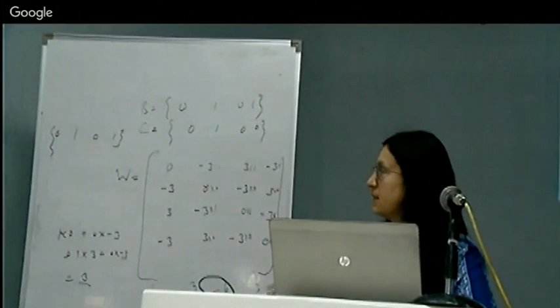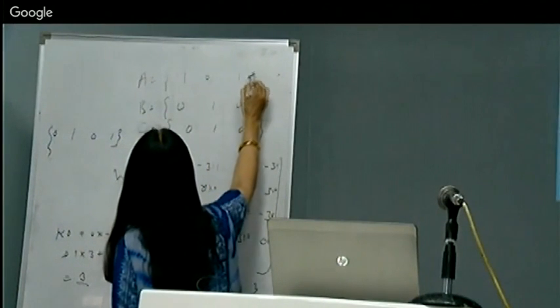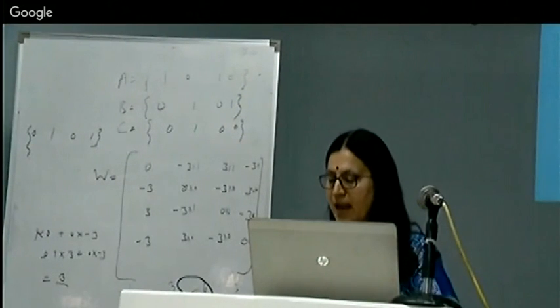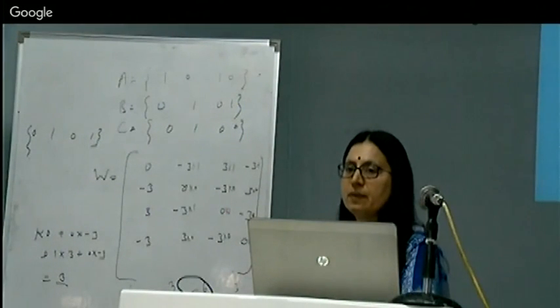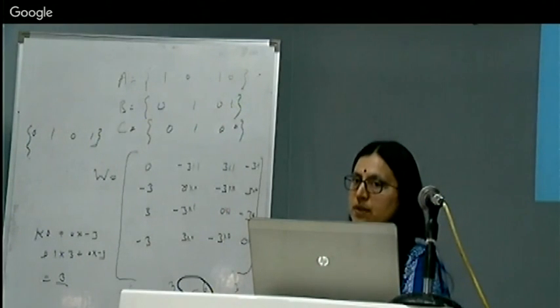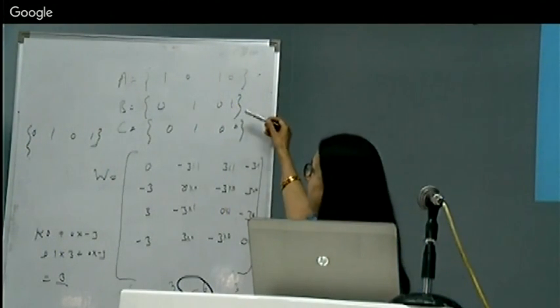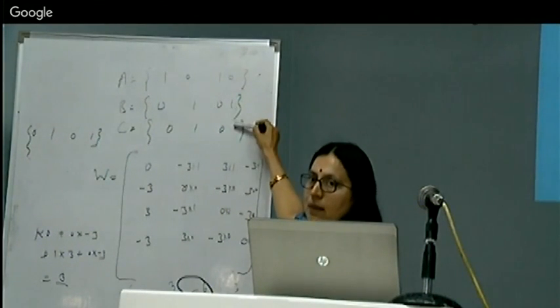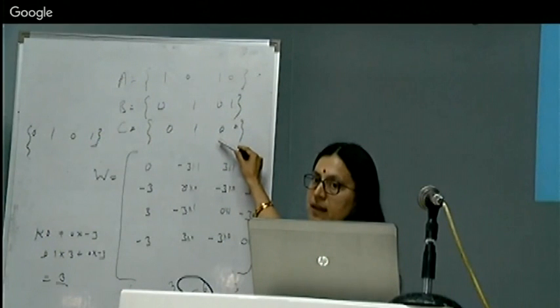So there is a reason for that also, because pattern A was 1 0 1 0. When we apply an input pattern at the input of a Hopfield network, it is going to recall that pattern which is closest to it. If you see the difference between B and C, it differs only in one element. The rest of the three elements are same.